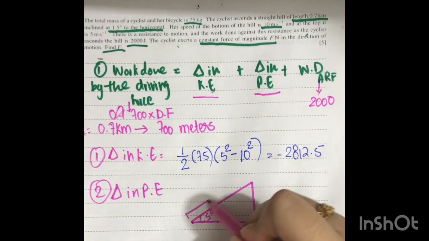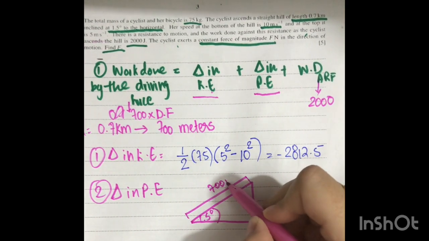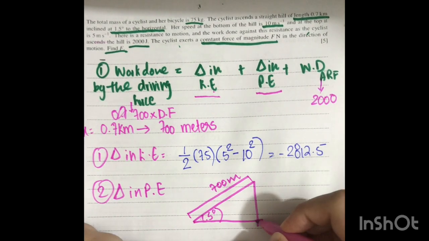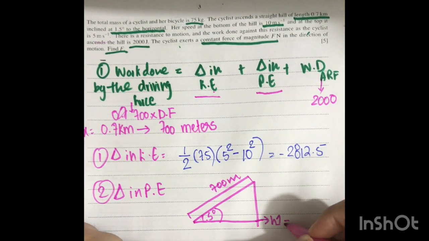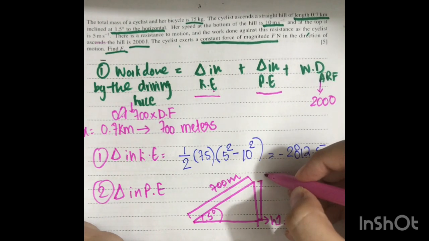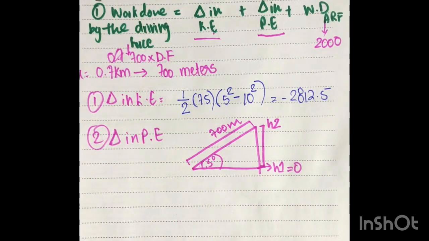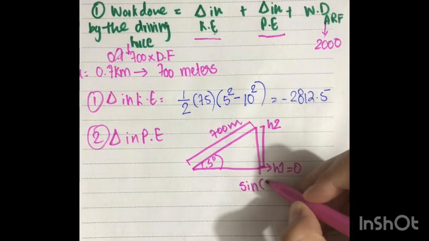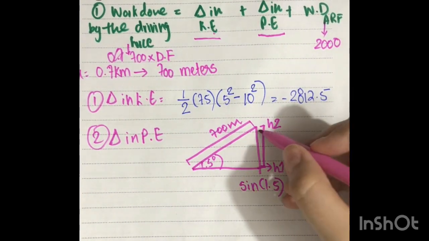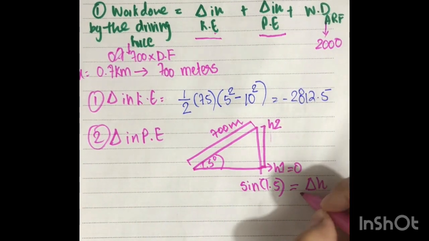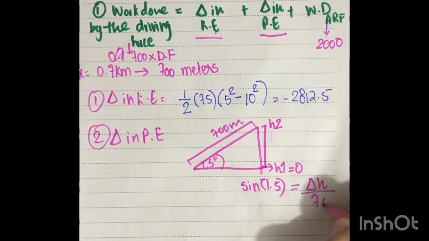Now, this is 700 meters and it starts from the bottom of the hill. This means that this is height 1, which is 0. So this whole side must be equal to the second height. So we can use the sine function. So sine 1.5 must be equal to the perpendicular over the hypotenuse, which is 700.